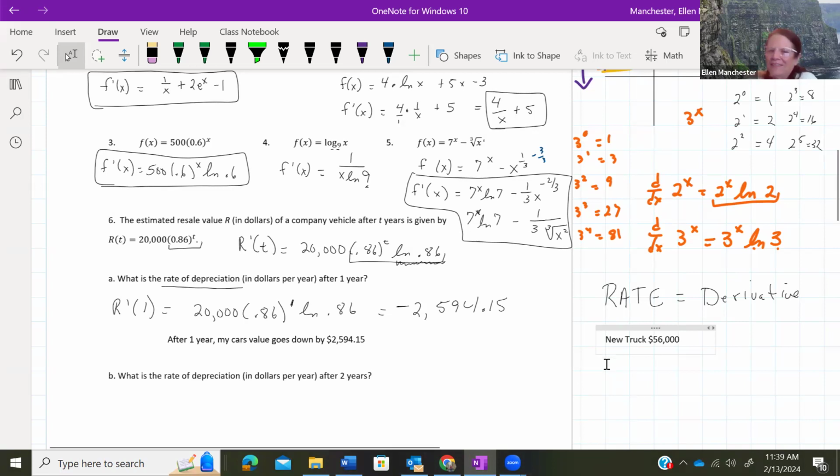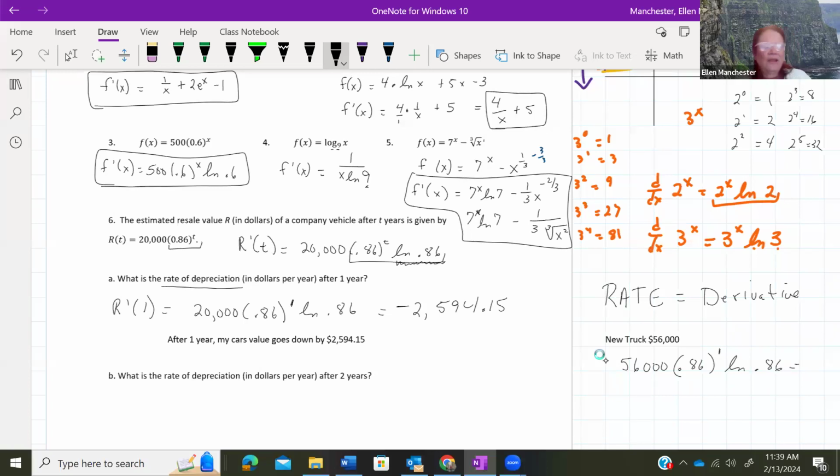So let's try this. Let's see what's going to happen. So now if we have, again, that 20,000, I'm going to put 56,000 times 8.86 raised to the first power times ln of 0.86. Obviously, that number is going to go up tremendously.